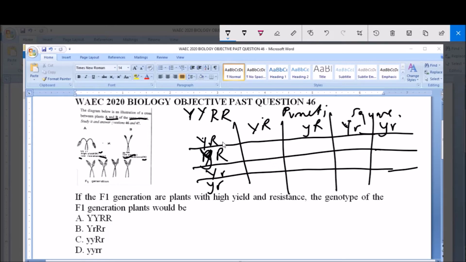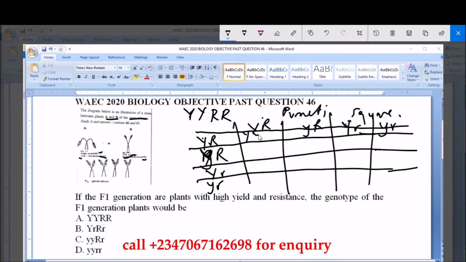Okay, so if you begin to do the genetic cross, if you start the genetic cross, here you will have this.